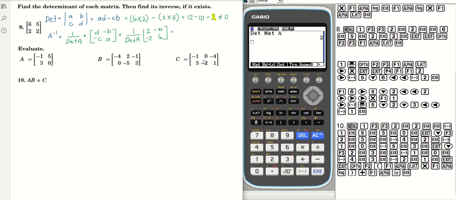Let's multiply our 1 over determinant to our arranged matrix.